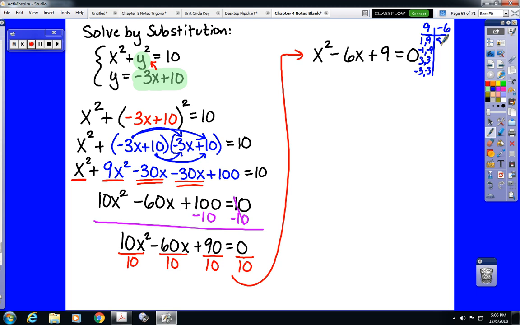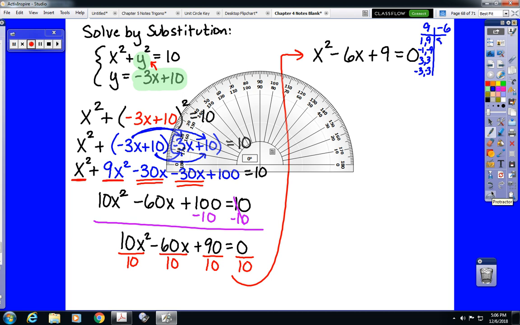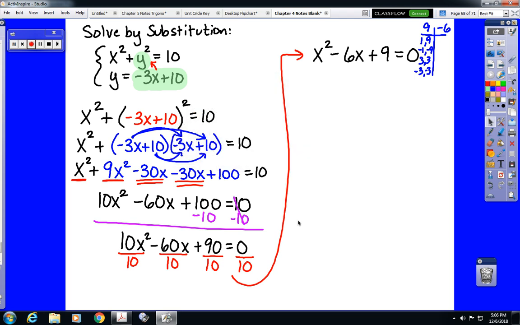So the set that would add to negative 6, we go through here and we add these up: 10, negative 10, 6, negative 6. So we want negative 3 and negative 3. So this trinomial factors into two x minus 3 terms being multiplied together.